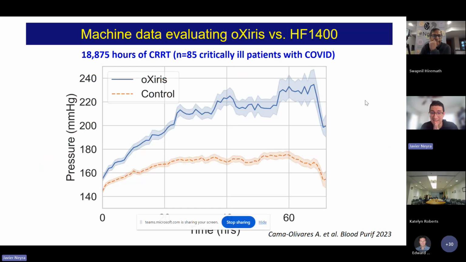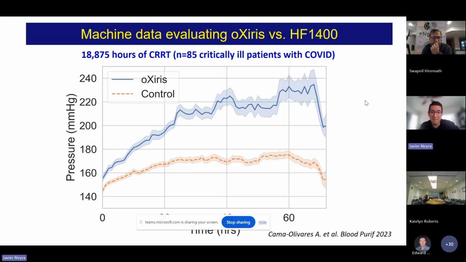So when we did this study during COVID, we had the chance to evaluate a filter, Oxiris, that provides additional hemoabsorption. The Oxiris has an extra layer that is coated with heparin that helps to remove a little bit more solutes, particularly inflammatory solutes, based on this enhanced hemoabsorption capacity.